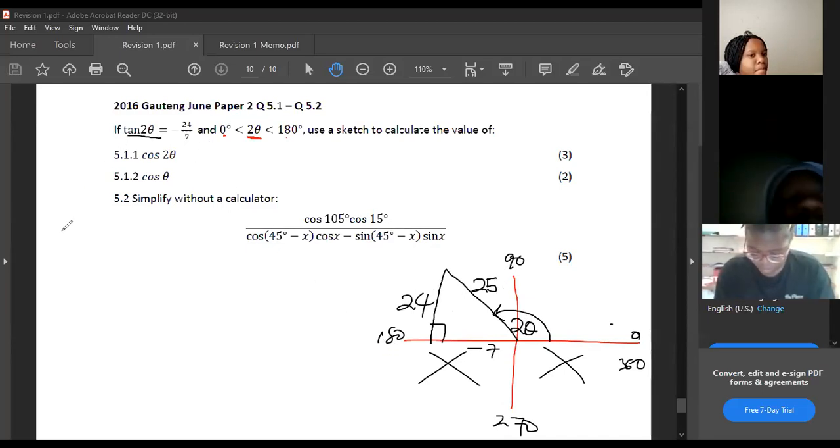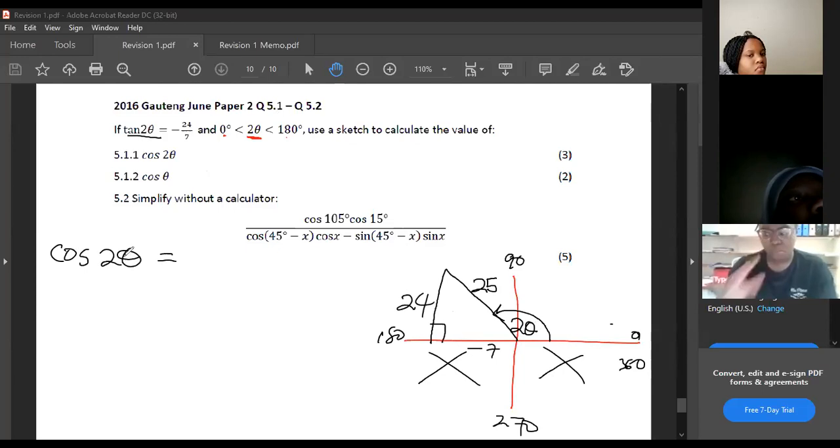Then if the question says cos 2 theta, you don't consider this 2 theta as an identity, because the diagram is for 2 theta. You don't consider this as a double angle. You take it as maybe cos A, because the diagram is for 2 theta.